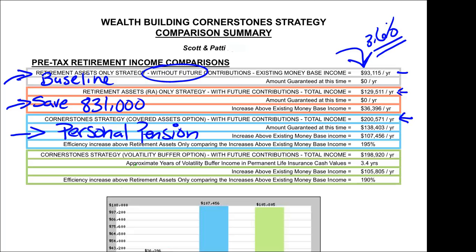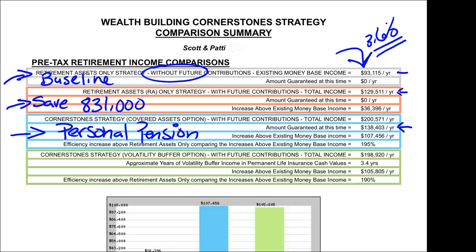So now we've moved the needle from $129,000 to $200,000, and there's a very important thing to notice here. Of the $200,000 in this one, $138,000 of that income is a completely guaranteed personal pension. Guaranteed, which is actually $9,000 higher than the non-guaranteed option from the Monte Carlo simulation.